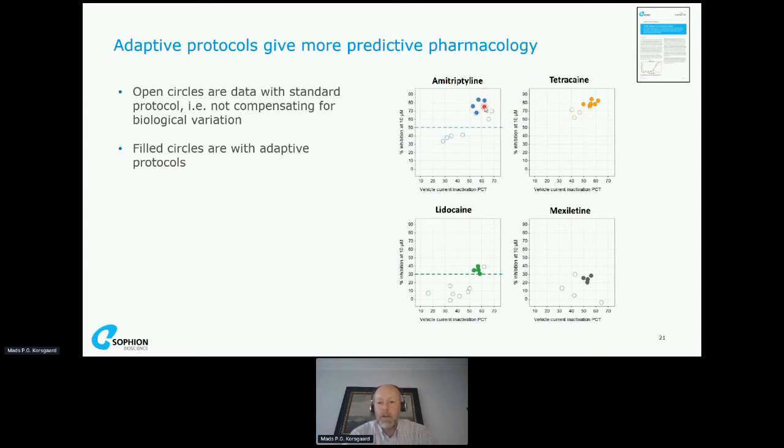You get a lot tighter and more predictive pharmacological readout when you do it with an adaptive protocol. So it's a very, very powerful tool to investigate your channels of interest, namely because you can put them in the state that you want before you add the compound in question.